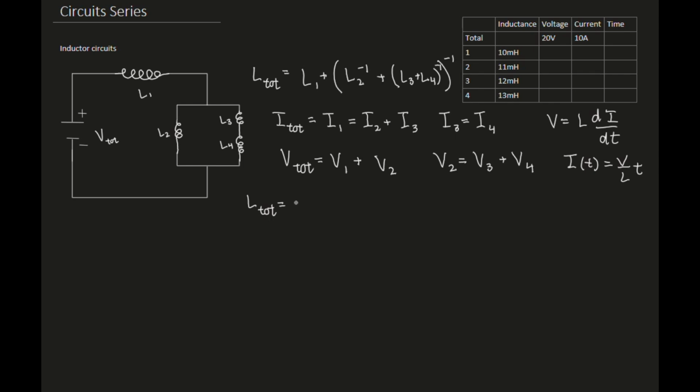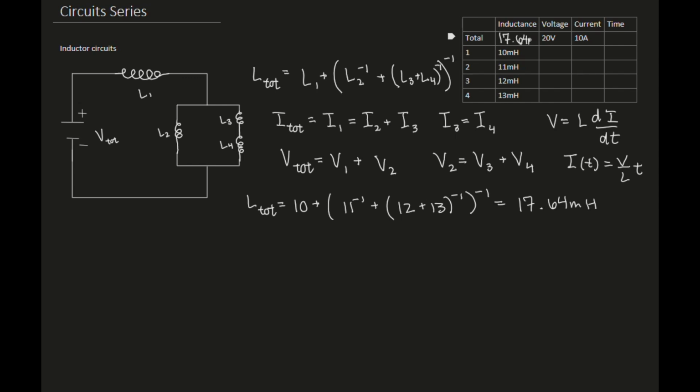So I'm looking at 10 plus 11 inverse, or you could just write 1 over 11, it's the same thing, then 12 plus 13, all of that to the negative 1. When I calculate and round, I get roughly 17.64 millihenry.